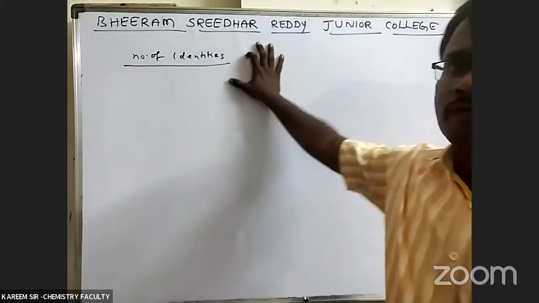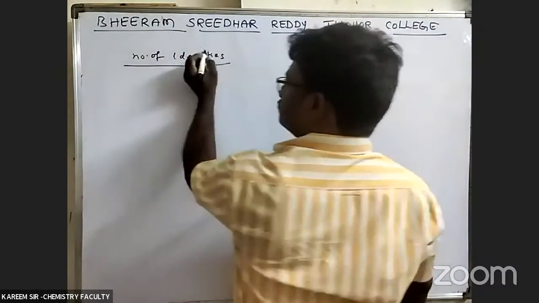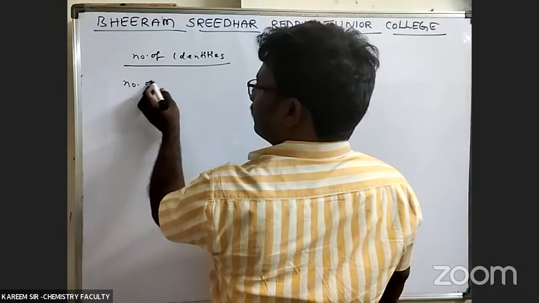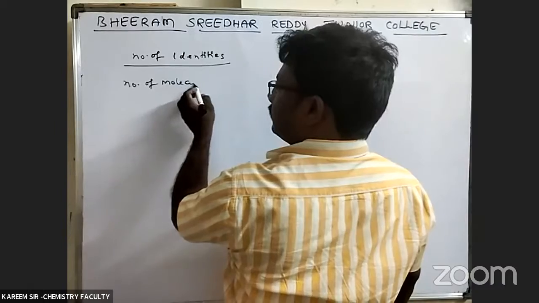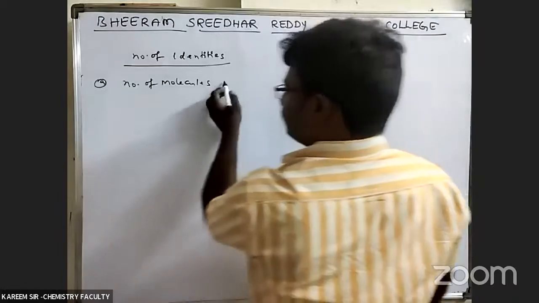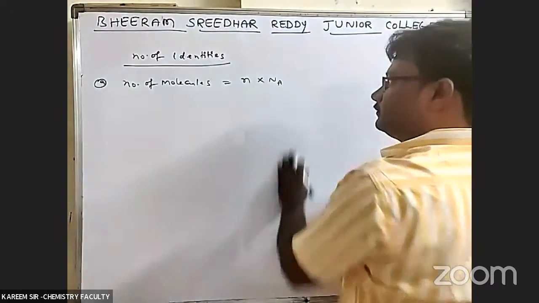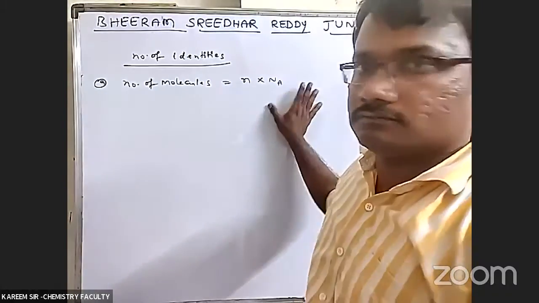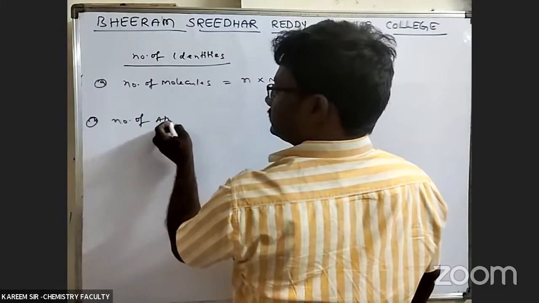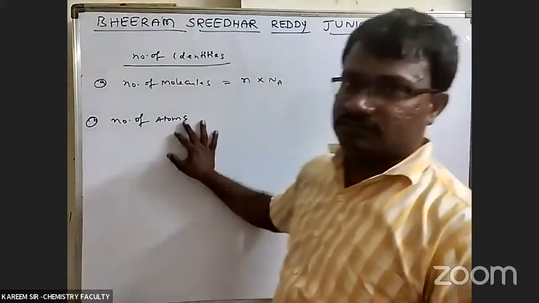How can you find the number of entities? If you want to calculate the number of molecules, then first find the number of moles and multiply with Avogadro number. If you want to find the number of atoms, in a molecule there are atoms.